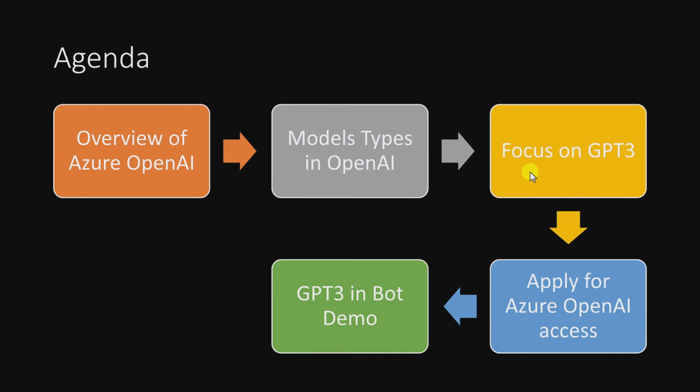This is a famous model now, ChatGPT-3. Fourth, to access this module, you need the access rights in the Azure portal. So for that, you have to apply the license. How to apply the license, everything we'll see in this fourth module. Finally, we'll see how to implement this GPT-3 ChatGPT in a bot application.